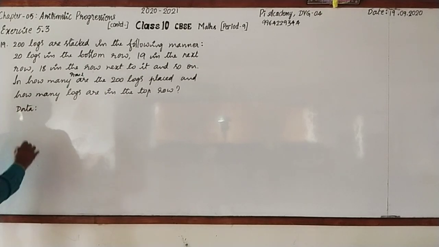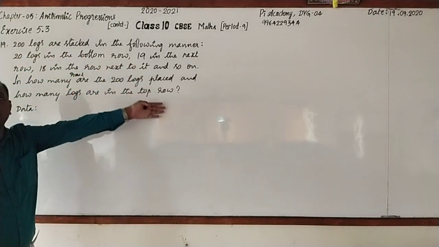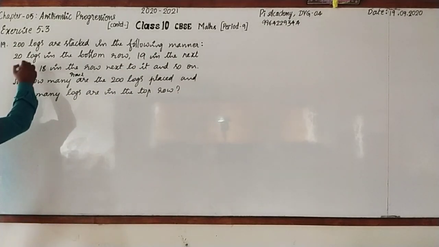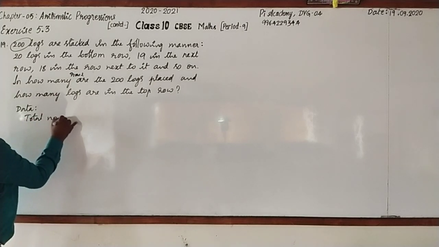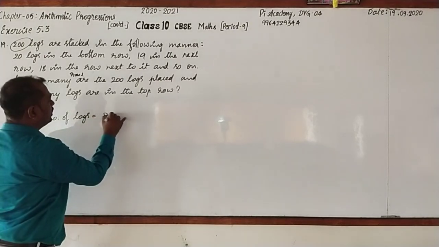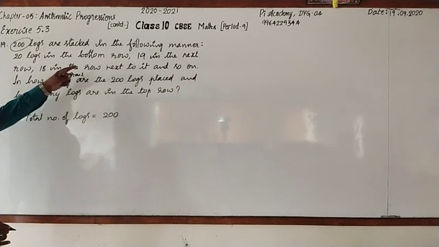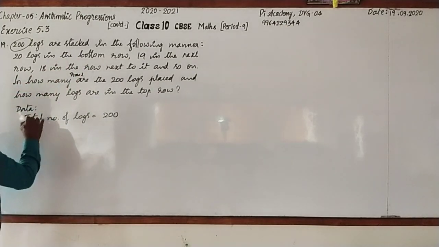Please write with me. They have given the total number of logs that are arranged. It is 200, right? Total number of logs is equal to 200. Then 20 logs in the bottom row.